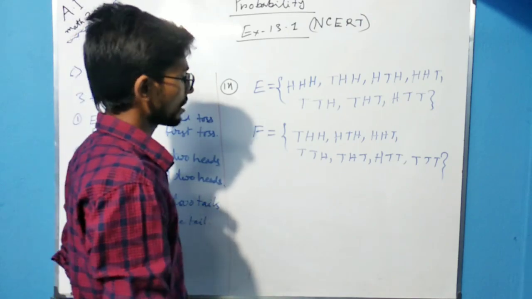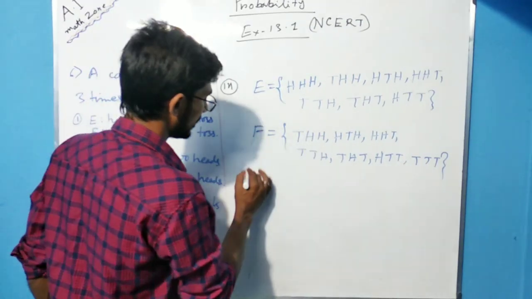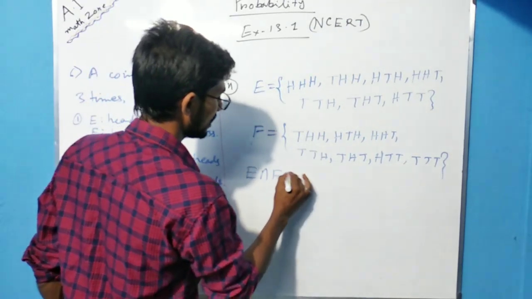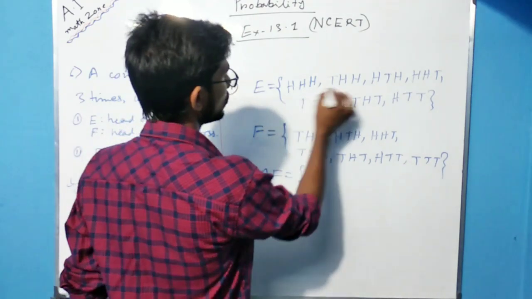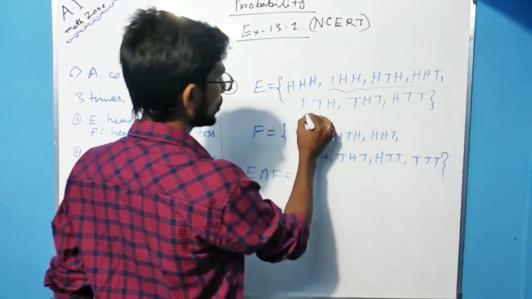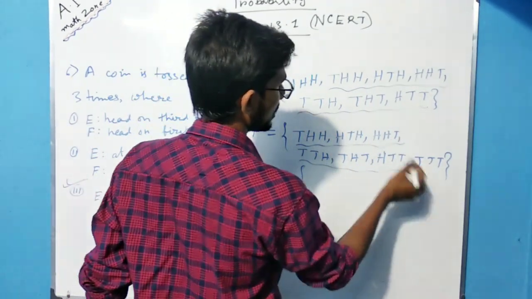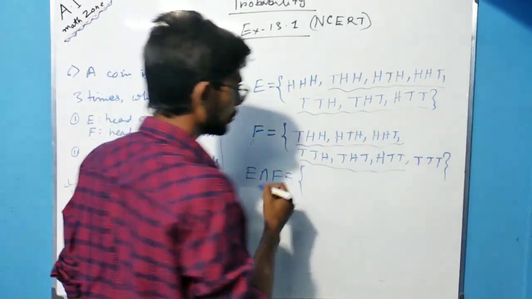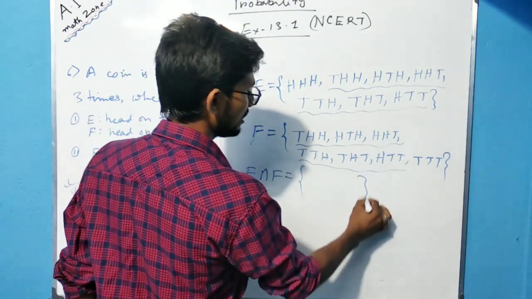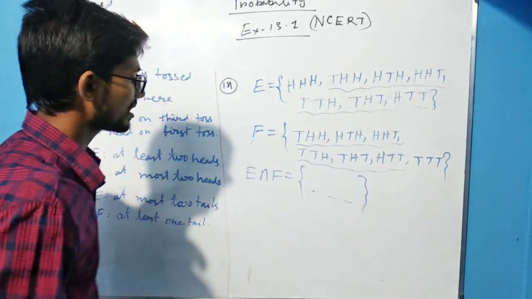Now tell me, what are the elements of E intersection F? These are the common elements. See here, these 6 elements are the common elements, right? I am not writing them here; you should write these 6 common elements.